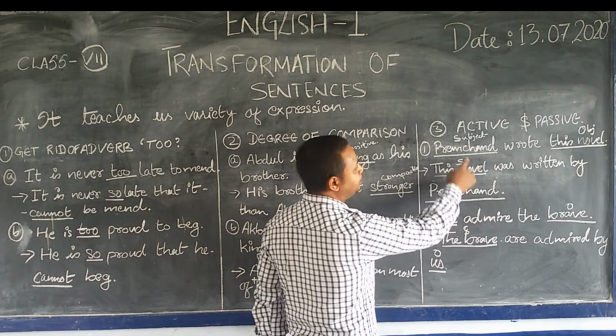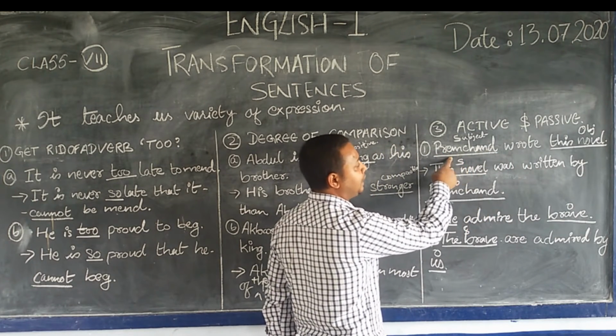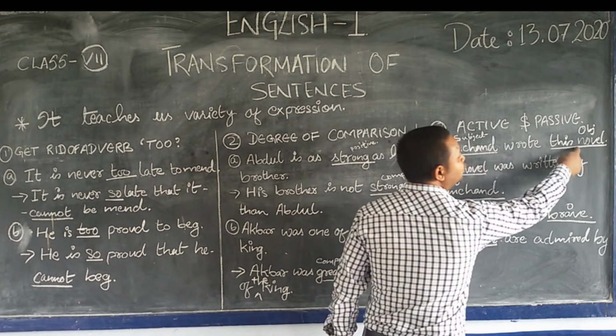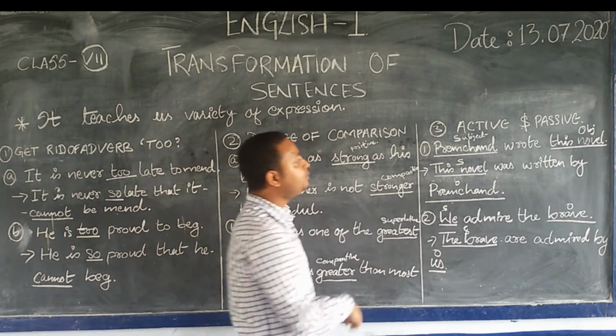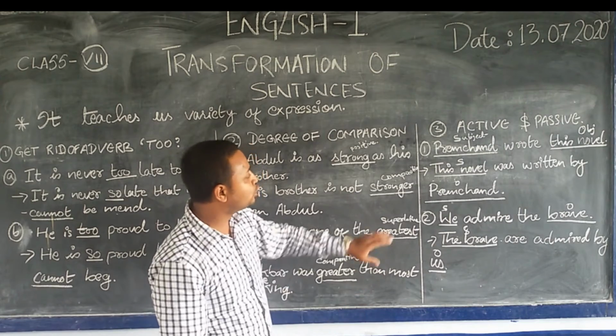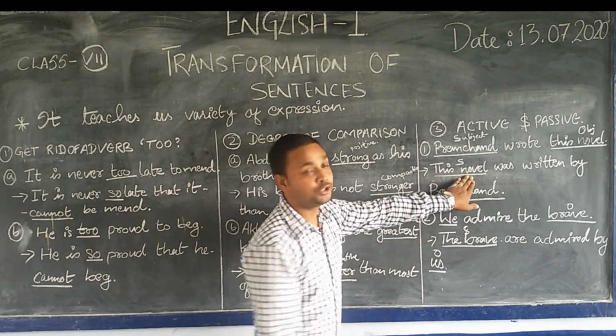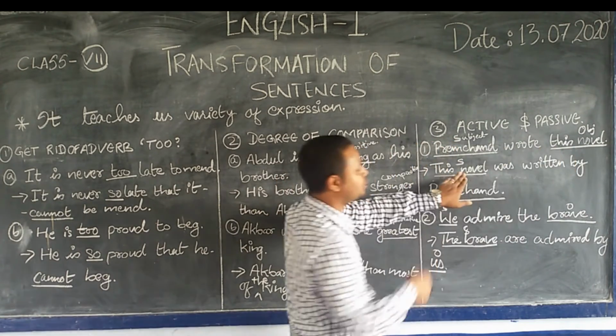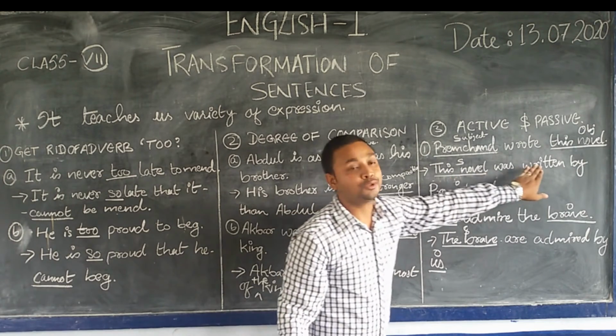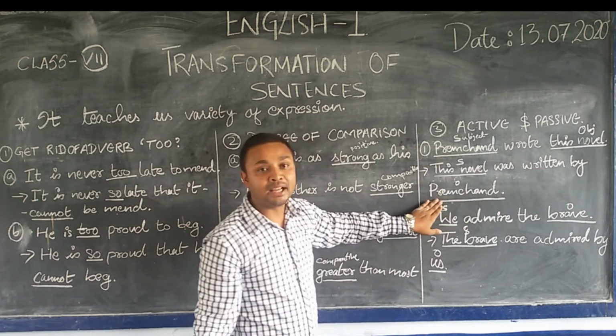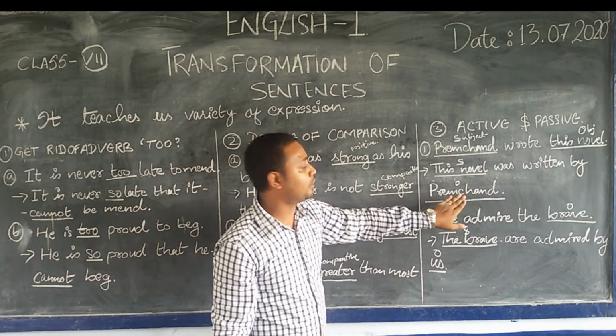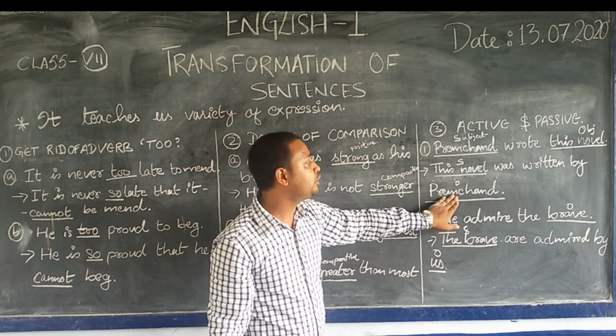If you see here, in "Premchand wrote this novel", Premchand is the subject and the novel is the object. Now when we frame the passive voice, it goes this way: "This novel", which was the object, has become the subject now, "was written by Premchand." Now the subject has become the object. This is what you need to pay attention to.